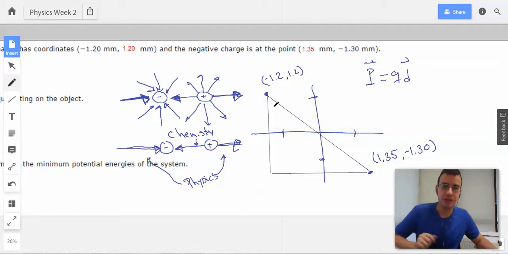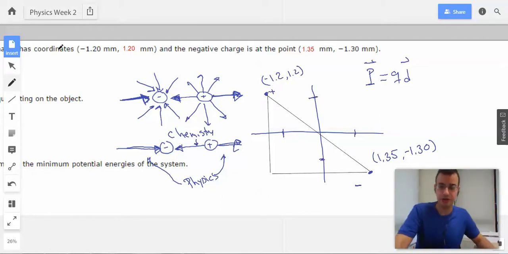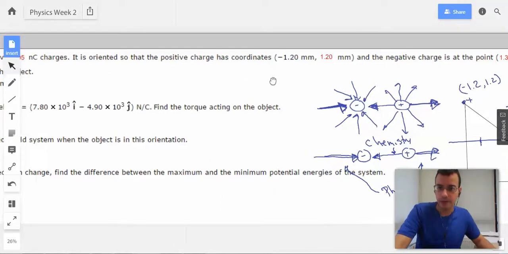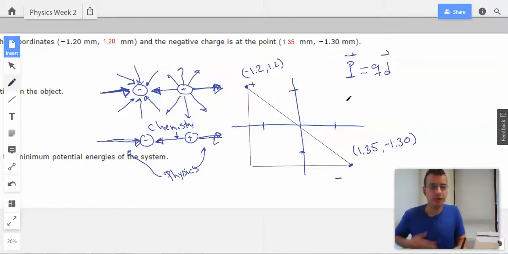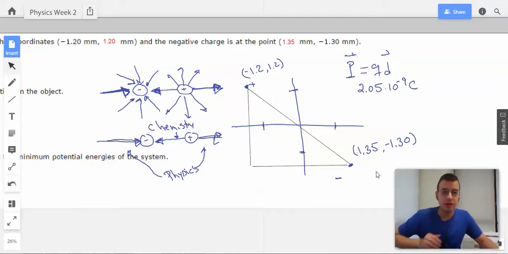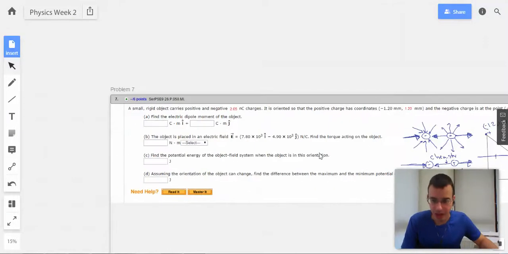So now I just need to figure out which one of these is negative, which is positive. All right, this guy right down here is negative, and this guy is positive. I have to find out what the charges are. 2.05 nanocoulombs, which is 2.05 times 10 to the negative 9th coulombs. All right, so we got that part. Now we need to multiply it together, and we need it in terms of i and j.